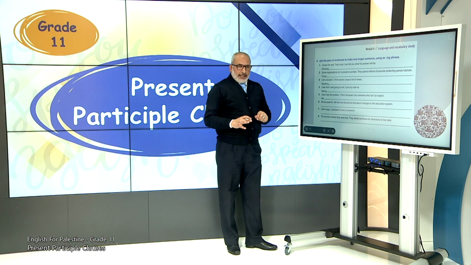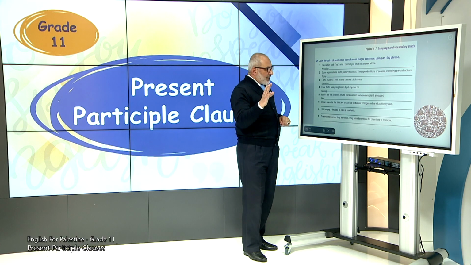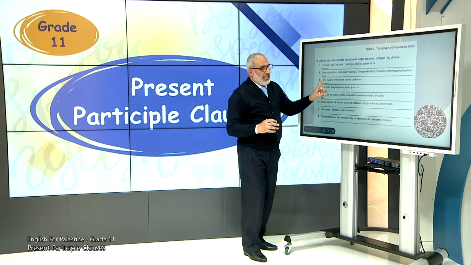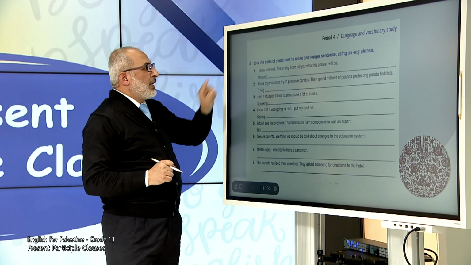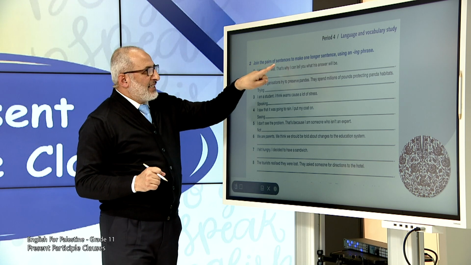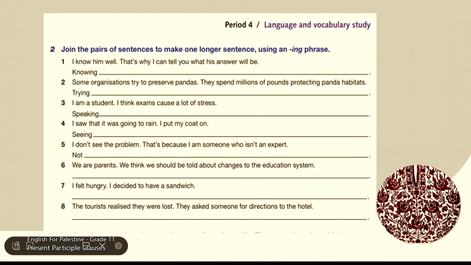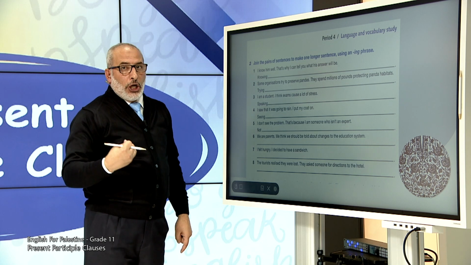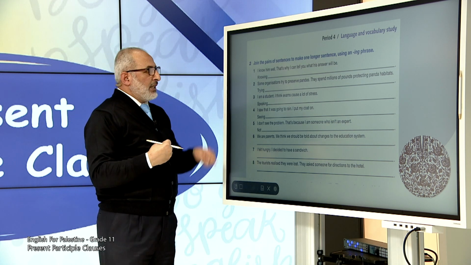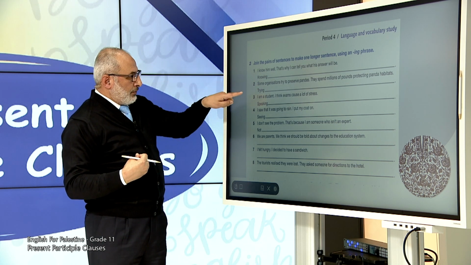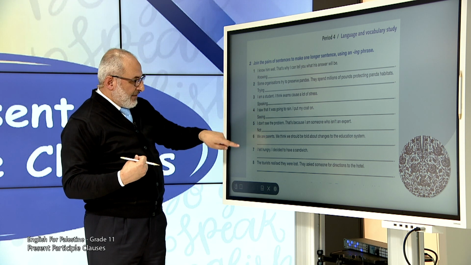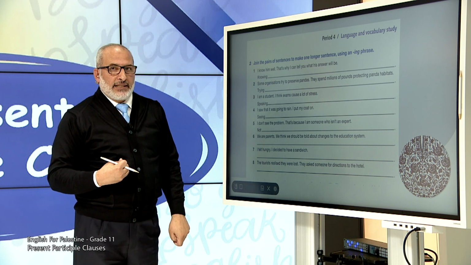Now I want you please to open your books and do this activity. It is in period 4. Join the pairs of sentences to make one longer sentence using the ing phrase or using the present participle clause. Here you are given 8 sentences.